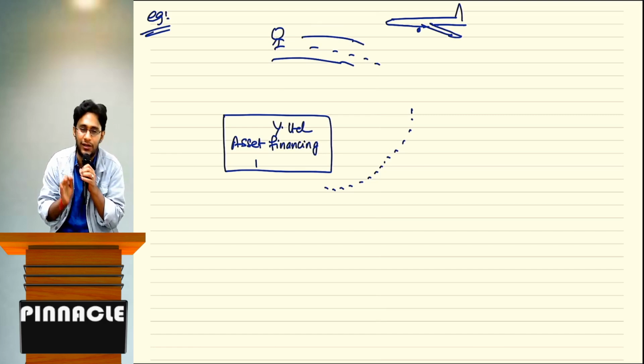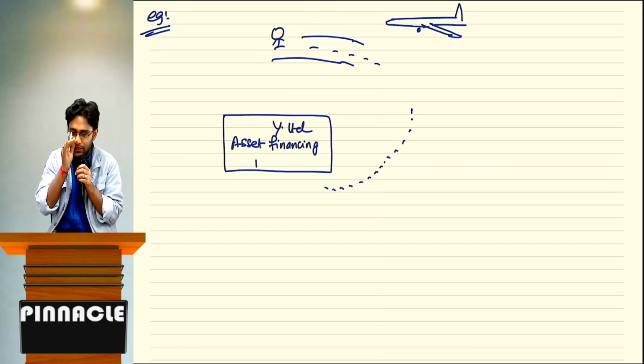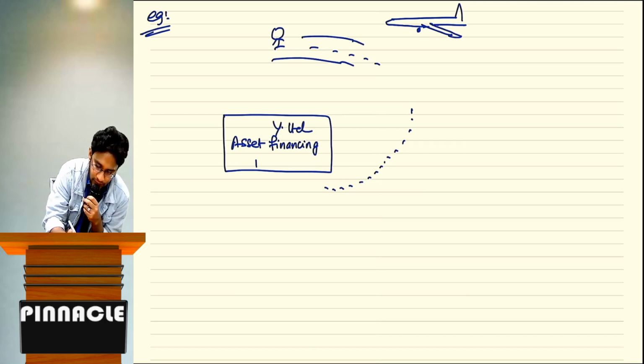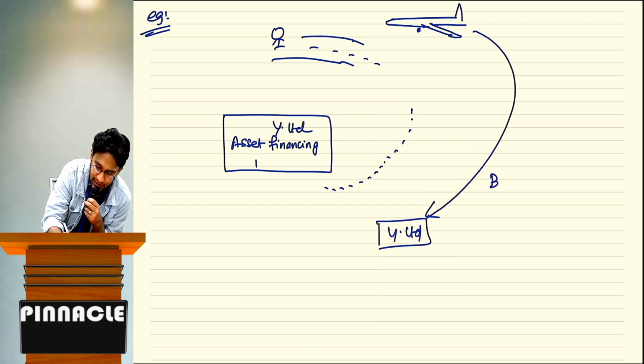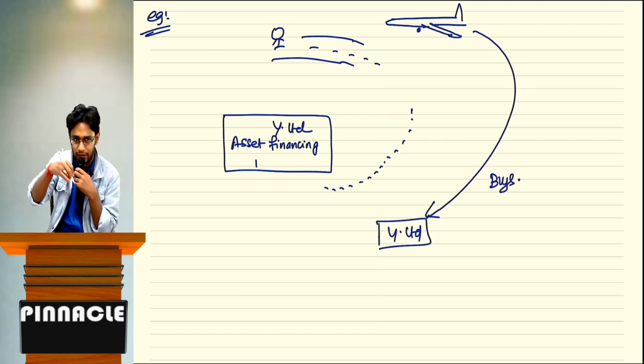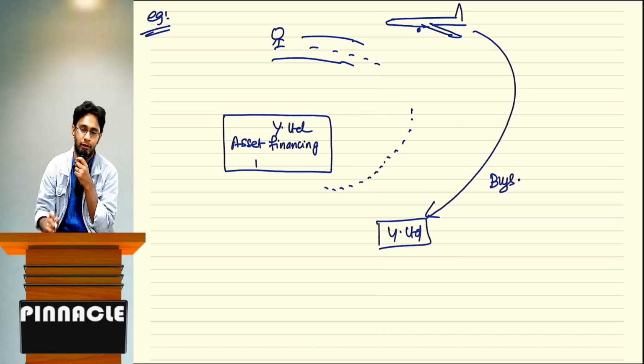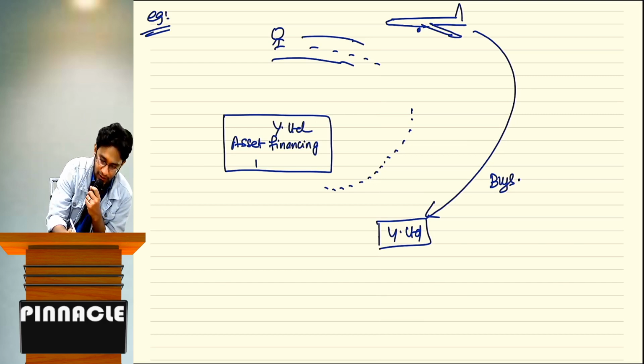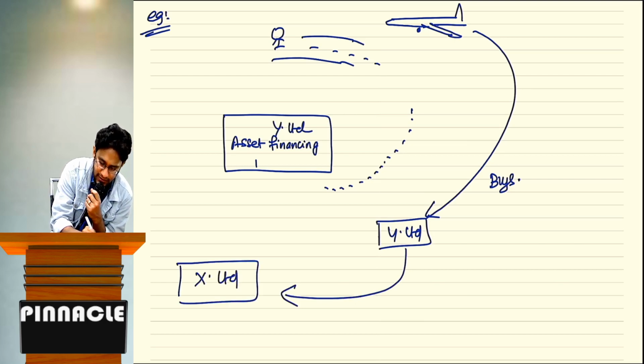So you first go and set a deal with him. Then what the lessor does is, Y Limited buys this asset today, right now, after finalizing the deal with you. Once they buy the asset, they give it to X Limited, the lessee here.